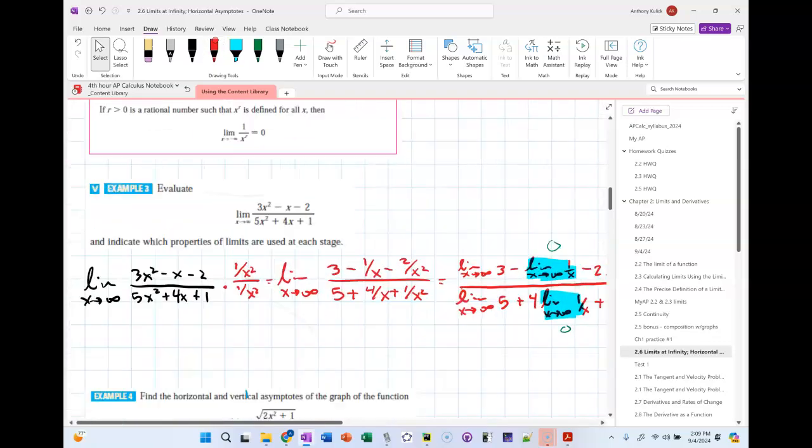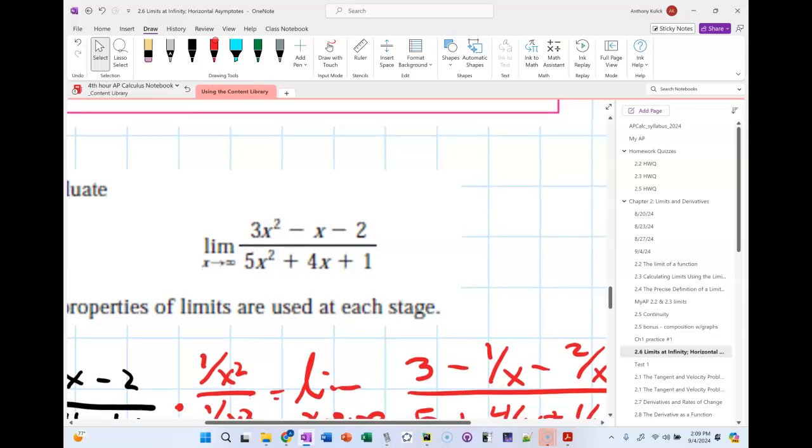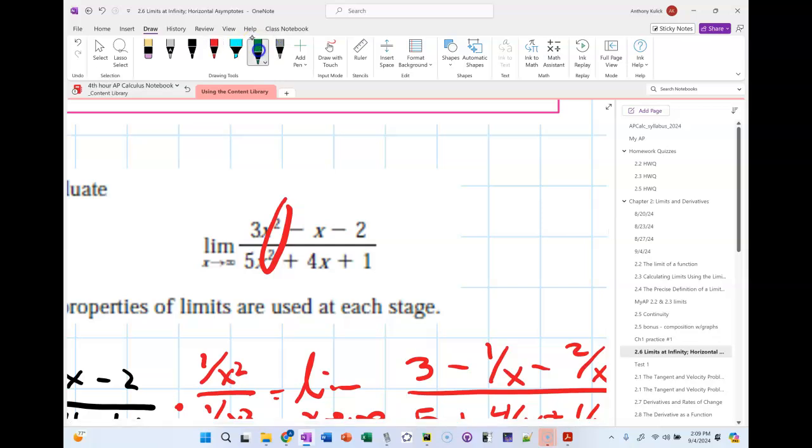Now, who remembers the rule from pre-calculus? You should be able to look at this and tell what the horizontal asymptote was going to be. How did I know there's going to be a horizontal asymptote? Same degree polynomial. When it's the same degree polynomial, how do you find the asymptote? Leading coefficient over leading coefficient, right? Does that sound familiar?